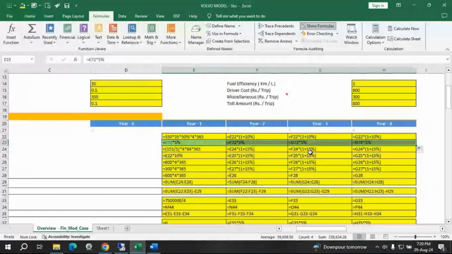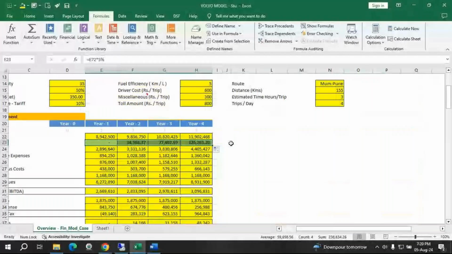Ma'am, could you show the amount? Okay, ma'am, done. So next I have to put it in the cash on the balance sheet.